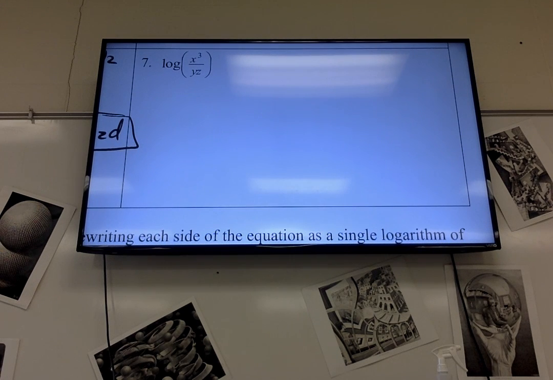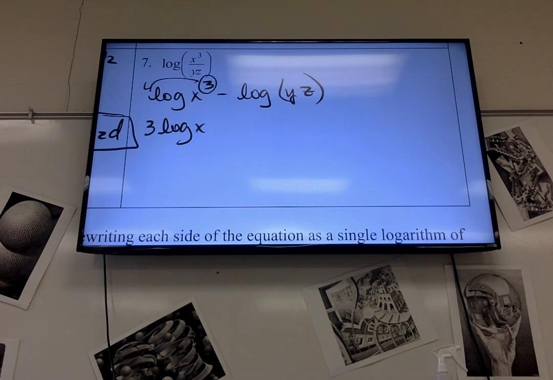So then again, these are divided, so we rewrite it as subtraction. And then we can put this power out in front. And then these two are multiplied. So I'm putting a bracket here because I'm supposed to subtract all of this that's behind it. And in here, 2 things are multiplied, I'm adding them.